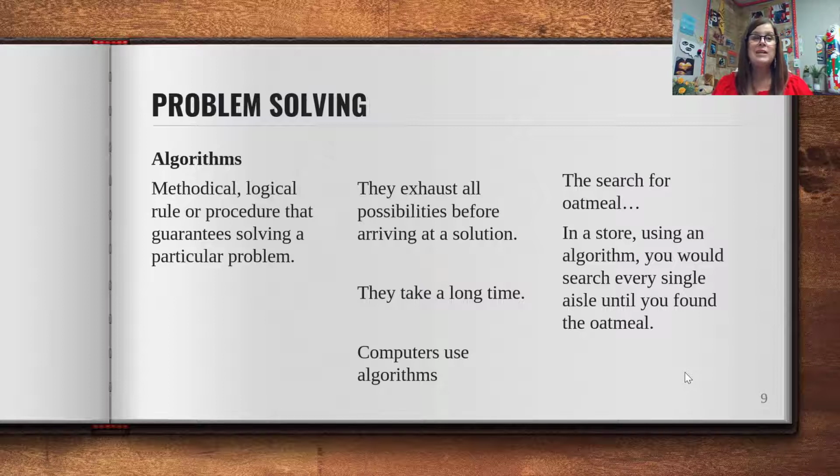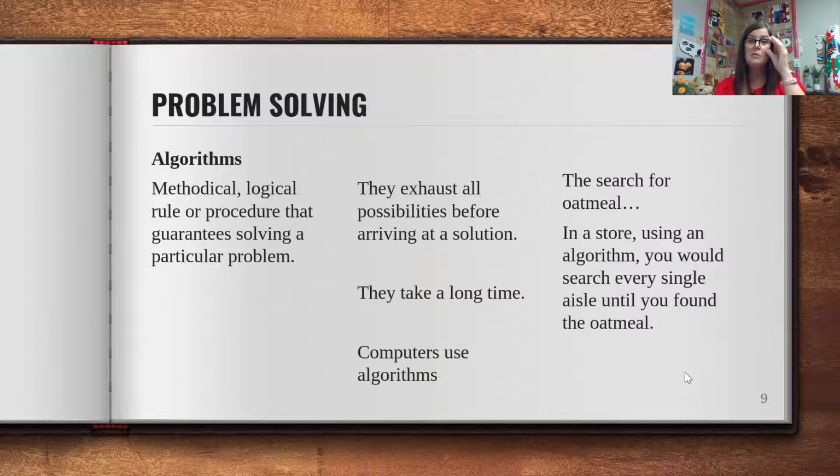But an algorithm would be a methodical, logical rule or procedure that guarantees solving a particular problem. There's a guaranteed result. But an algorithm takes a long time. Every possibility is exhausted before there is a solution. Again, very time consuming, but it guarantees a solution.